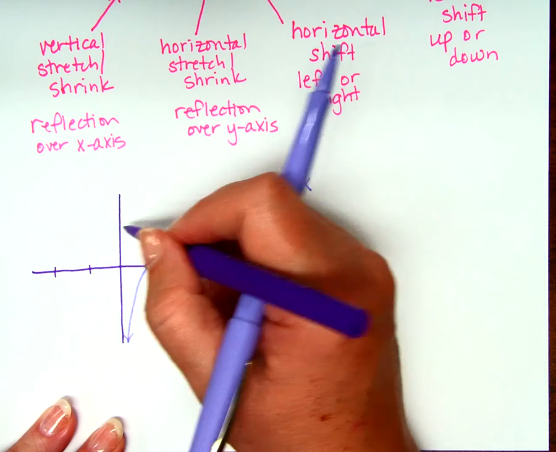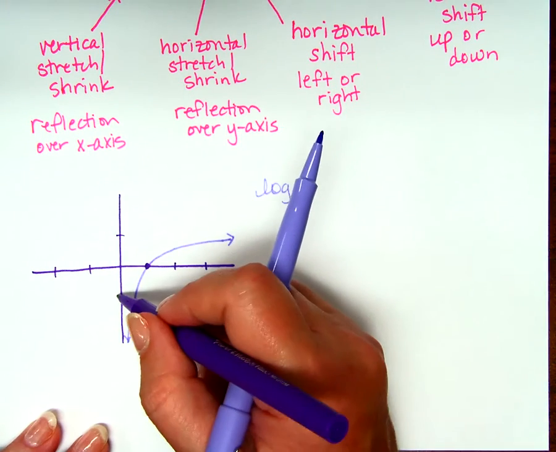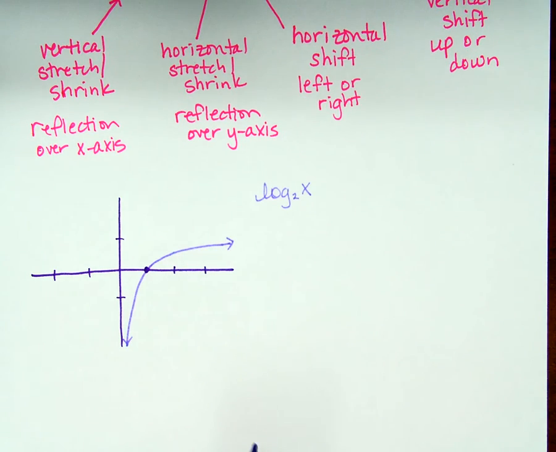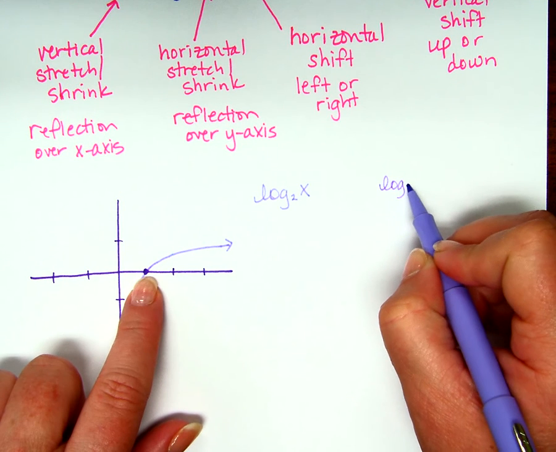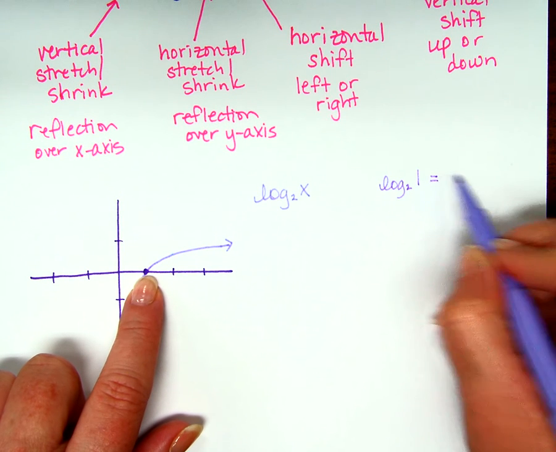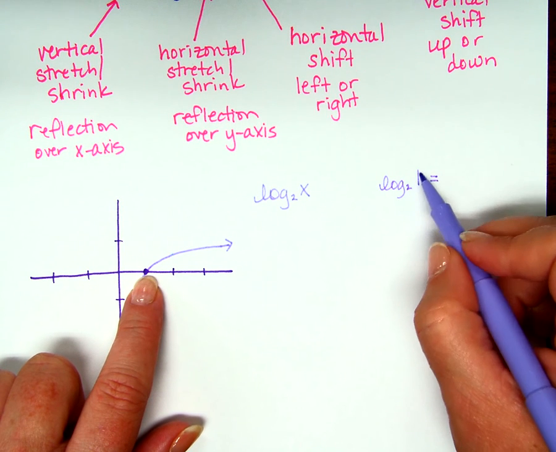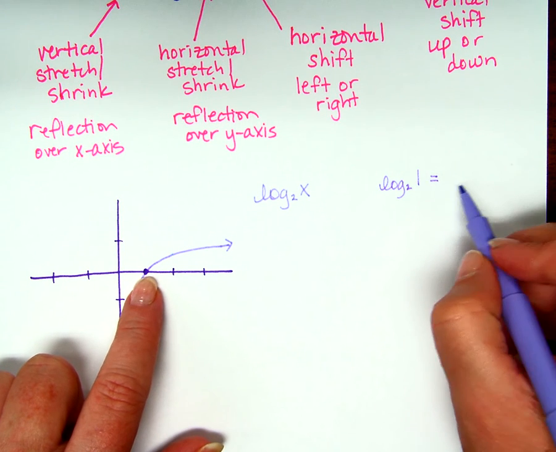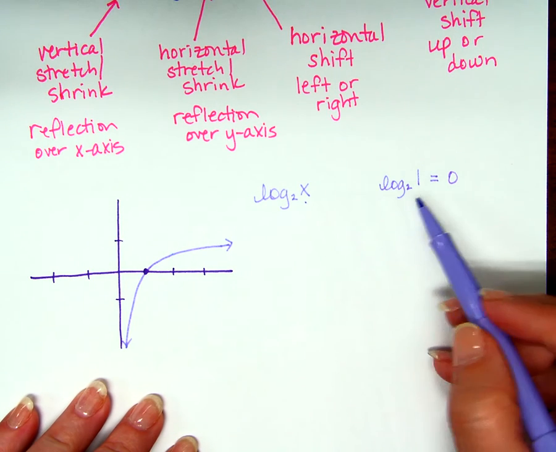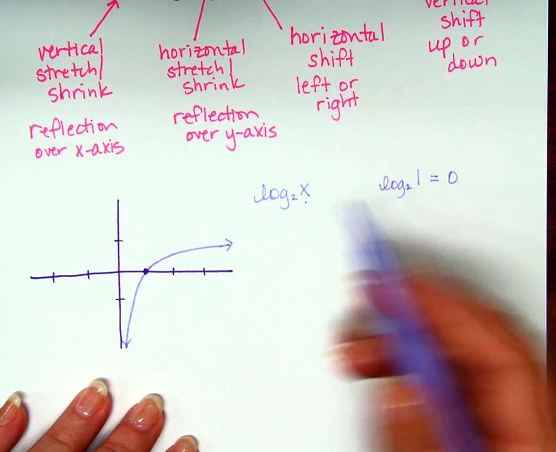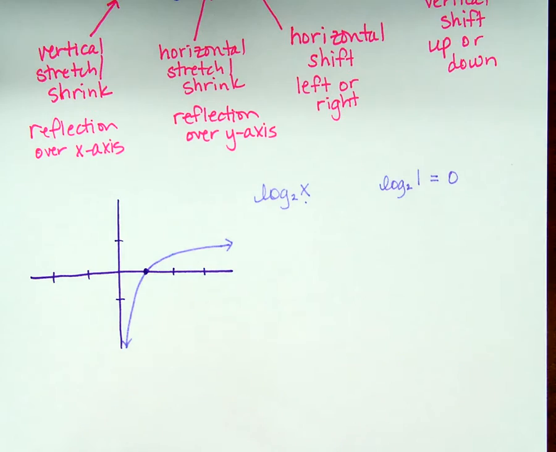Well, log base 2, if x is 1, what does this equal? We just talked about if 1 is in the argument, what does it equal? 0, right? So if x is 1, like I put right here, y is 0. So if x is 1, y is 0. That's why it goes to that point, yes? Okay.